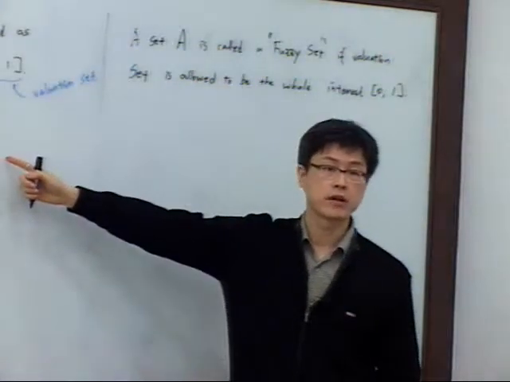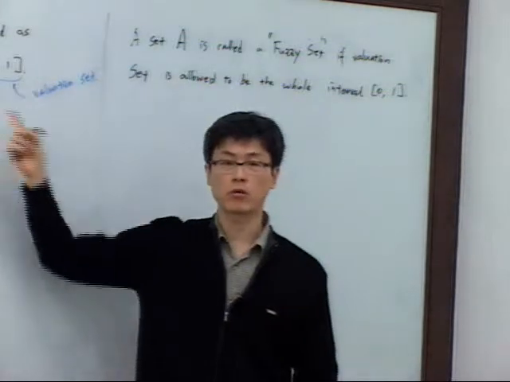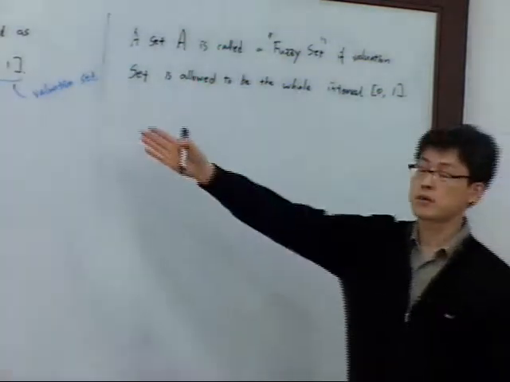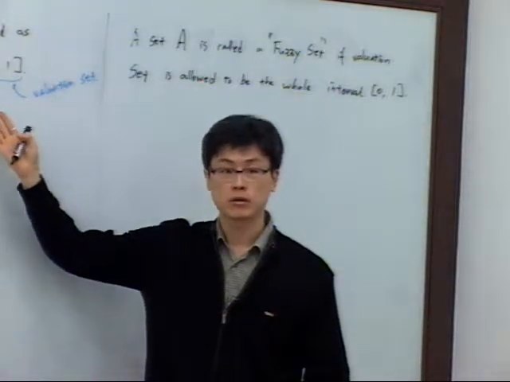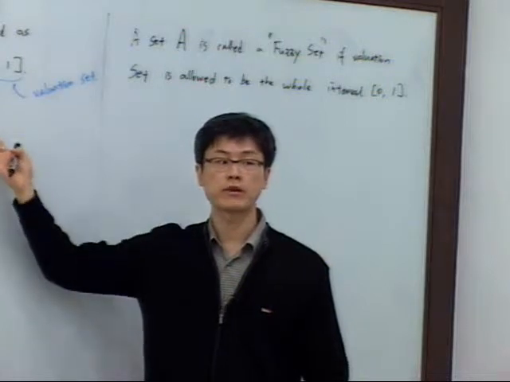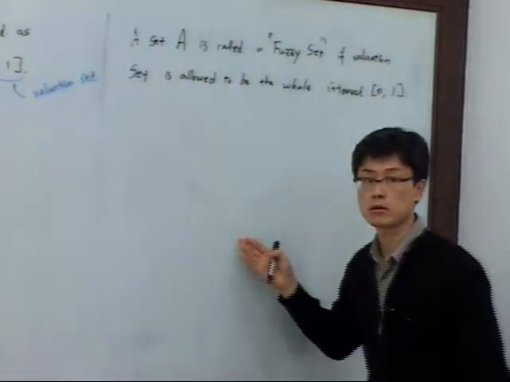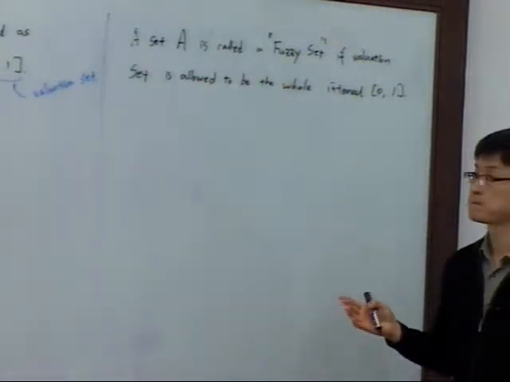In a classical valuation set, you only use 0 or 1. So in the same sense, if the valuation set's values are totally used, every number between 0 and 1 is used, then we can call A a fuzzy set.